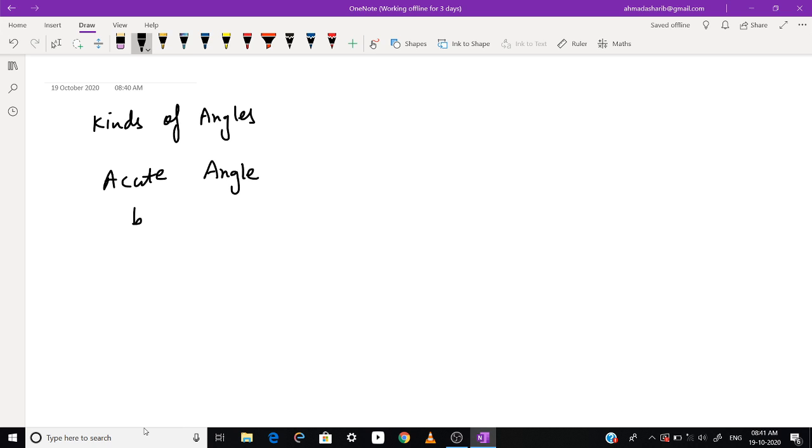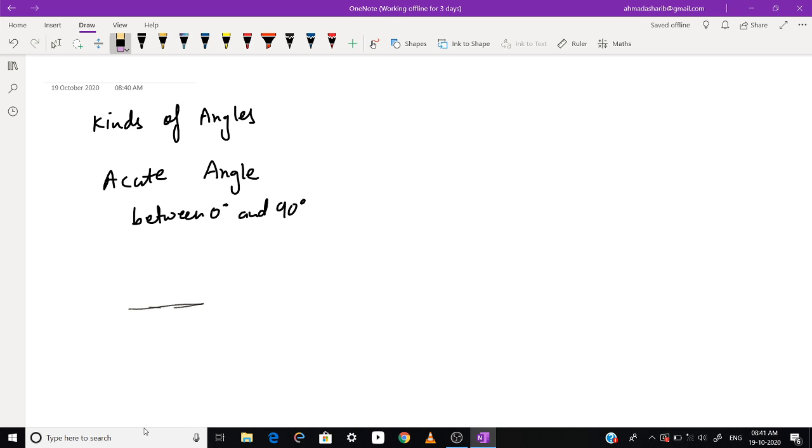Between 0 degrees and 90 degrees is called an acute angle, and it looks like this. This is an acute angle.